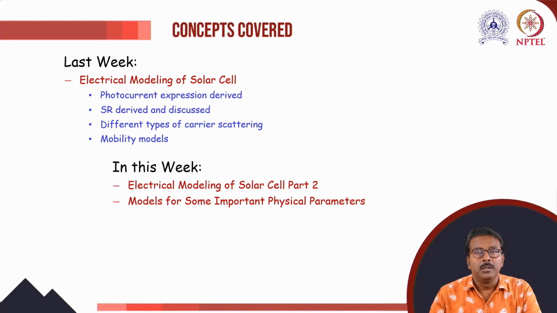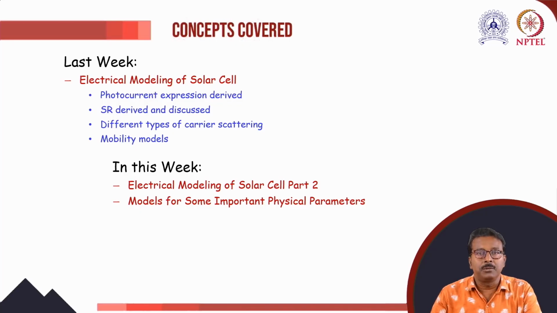In this week, we will continue with the electrical modeling, but mainly focus on models for some important physical parameters. Say, for optical modeling: when light is passing through multi-layered dielectric interfaces, how the light intensity changes due to different interfaces.